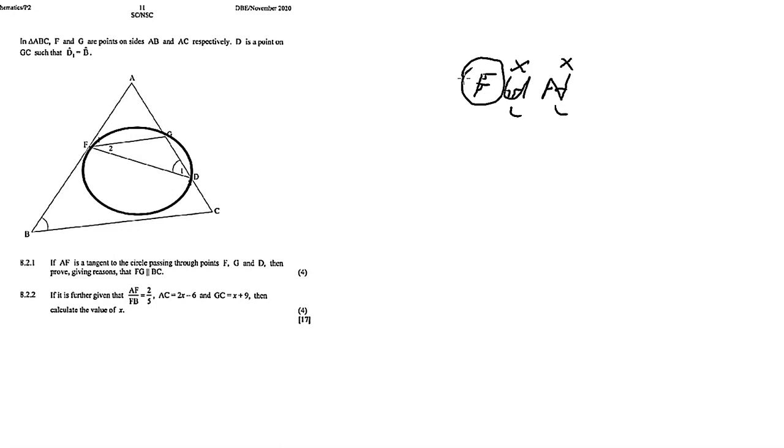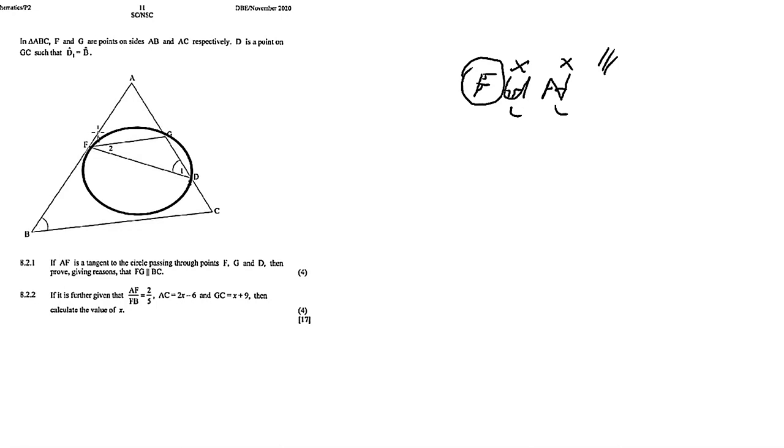Co-interior and alternating do not apply, so I'm only left with this. The only way to prove parallel lines is by using F, U, or N. In this case, I can use only F. This is F, or upside down.